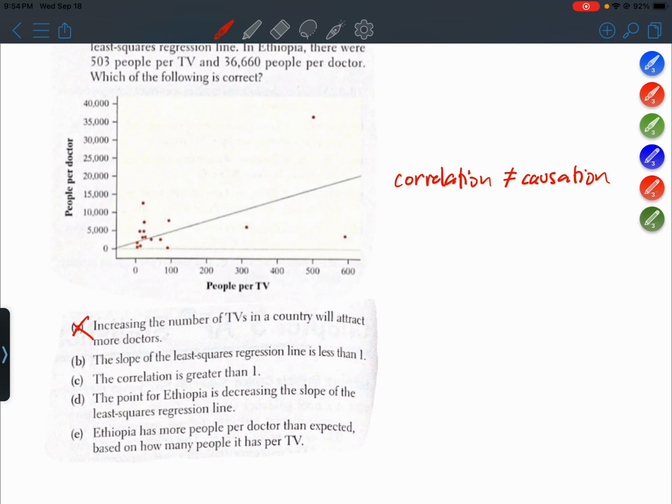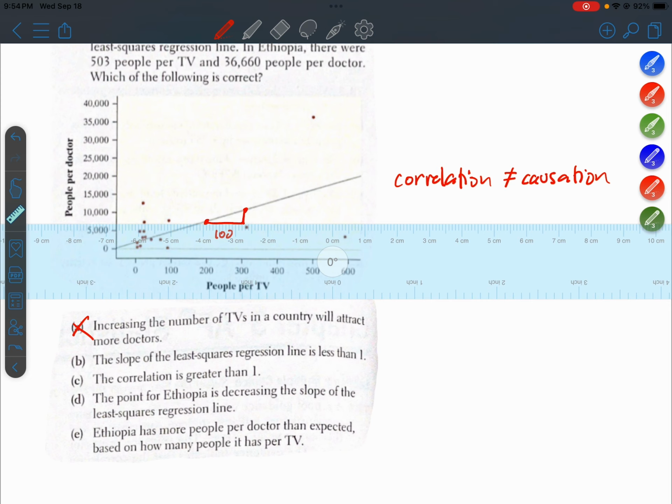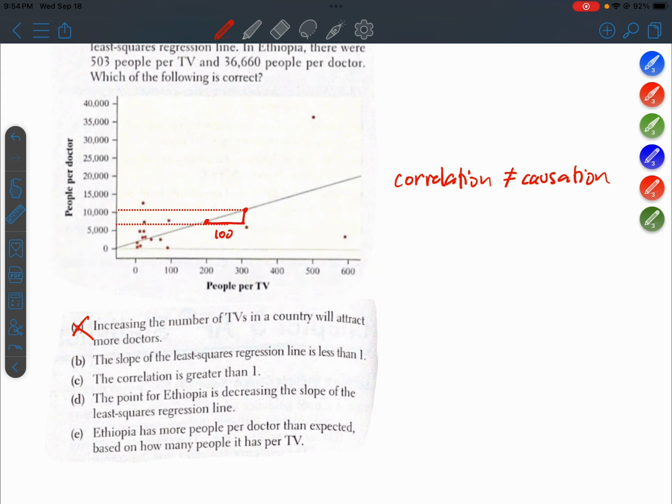We will pick 2 points there. So the change in x is 100, but the change in y is going to be, I don't know, 7,500? Just over 10,000.